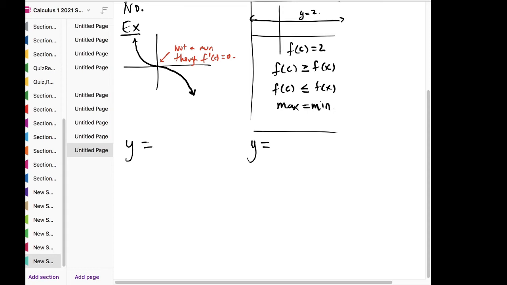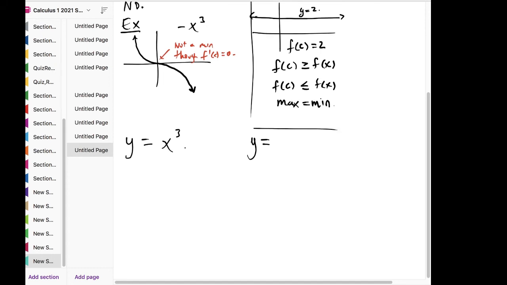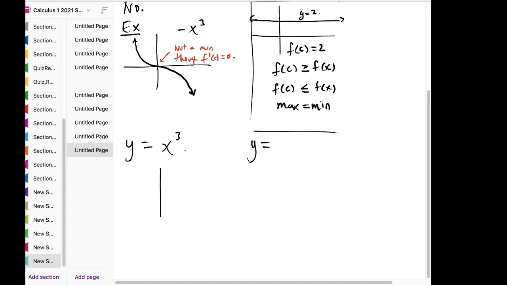Yeah. Okay, so for this one, it could be negative x to the third, or just to not have negatives, x to the third. So x to the third would be the increasing case of what you just said.